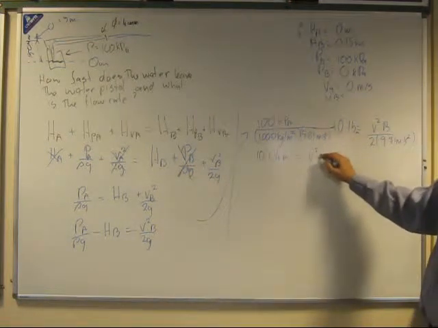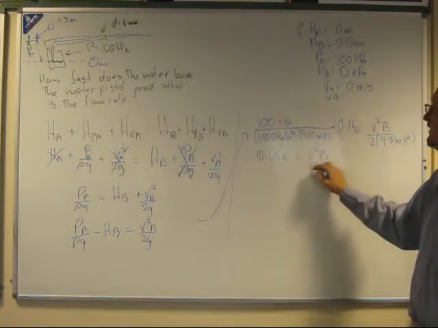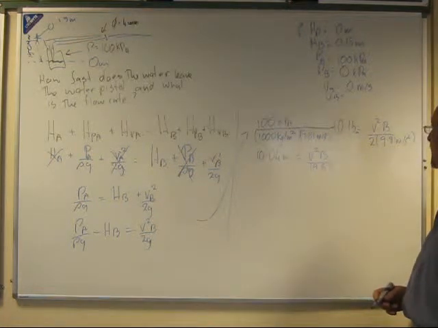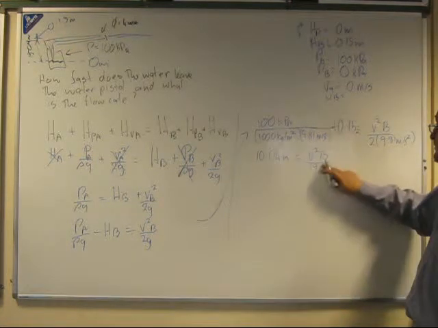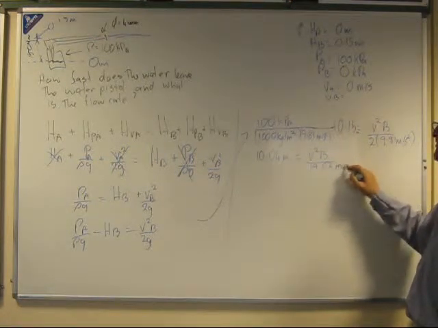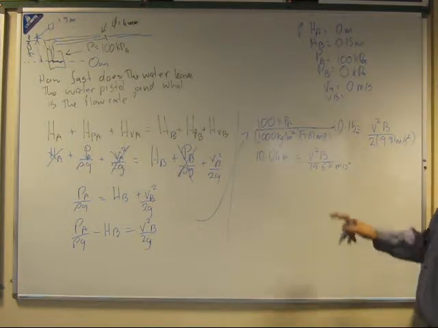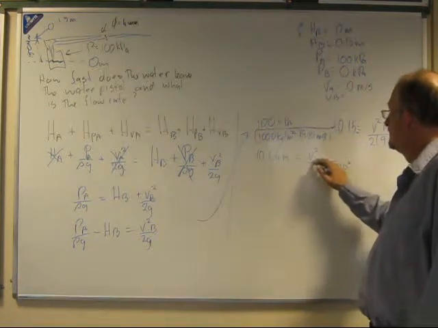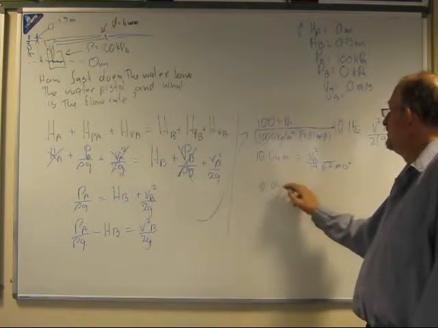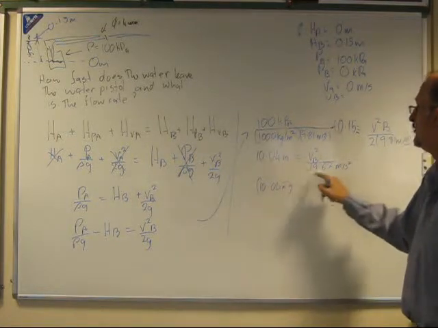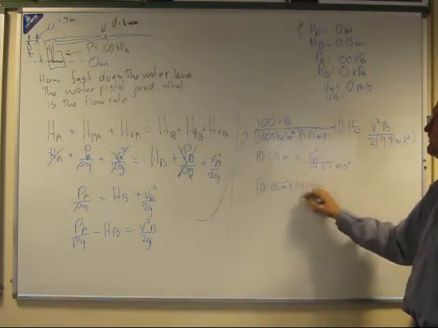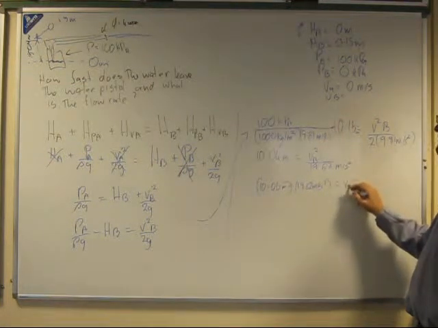So 10.04 equals VB squared over 19.62. So we then multiply both sides by 19.62, equals VB squared.